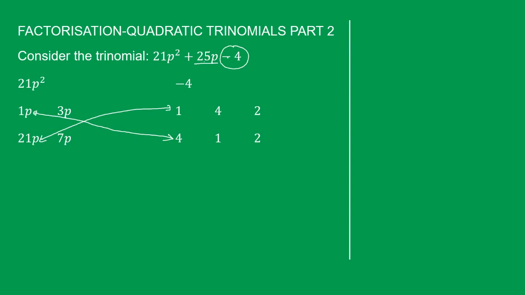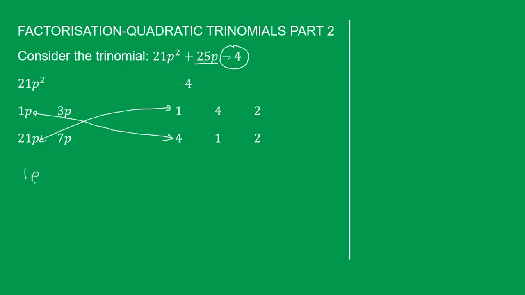The sign here shows us that one factor is positive and the other factor is negative. If the last term is negative, it means one factor is positive and the other factor is negative. If the last term is positive, it means the factors have the same sign, like we discussed in the previous section.